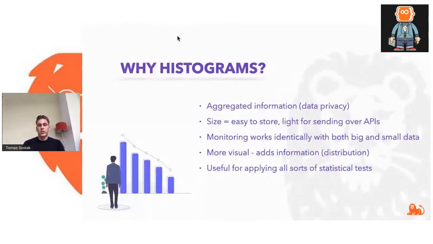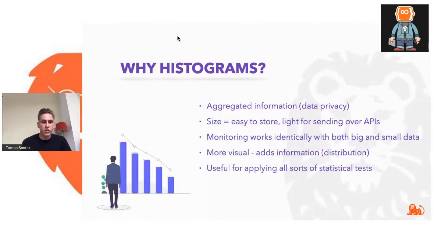Also, monitoring works identically with both big and small data, because if you have more data rows, they are aggregated in the bin count, so you don't get many more rows, as you would if you were storing, for example, a table. And also, histograms are more visual, so it adds information automatically.